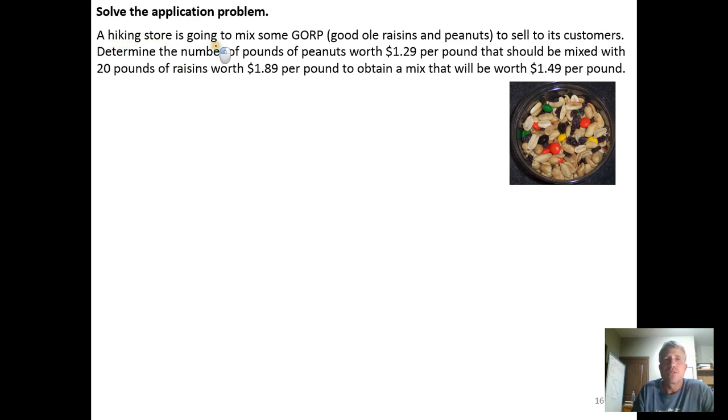So we have a hiking store that is going to mix some gorp, good old raisins and peanuts. So they're just making trail mix, in other words, to sell to its customers. Determine the number of pounds, so there's the unknown, the number of pounds of peanuts worth $1.29 per pound that should be mixed with 20 pounds of raisins worth $1.89 per pound to obtain a mix that will be worth $1.49 per pound.